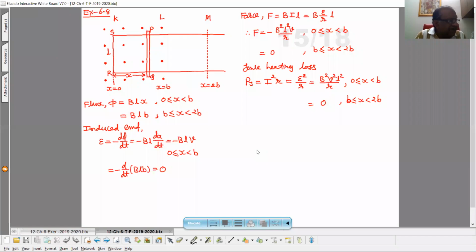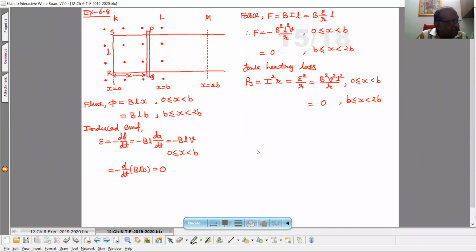Example 6.8. Refer to figure 6.12a. The arm PQ of the rectangular conductor is moved from x equal to 0 outwards. The uniform magnetic field is perpendicular to the plane and extends from x equal to 0 to x equal to b, and is 0 for x greater than b. Only the arm PQ possesses substantial resistance small r.